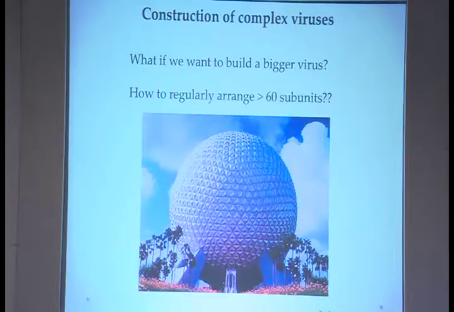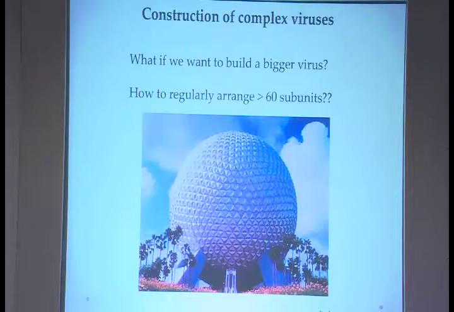So for generating an icosahedron, you need a minimum of 60 subunits so that all the different triangular faces can come together, and you can generate all the 5-folds, 3-folds, and 2-folds.